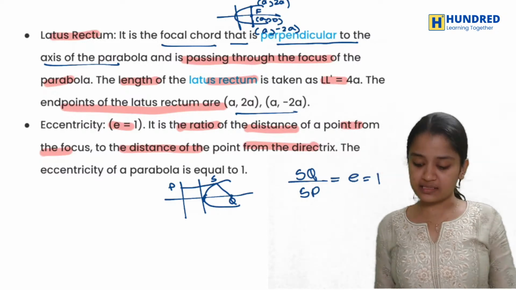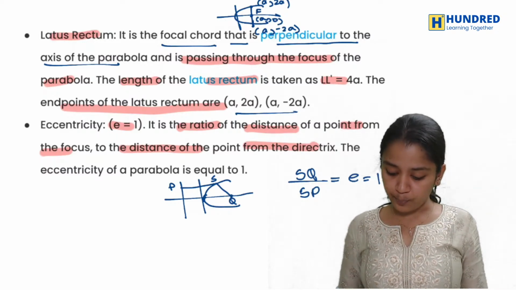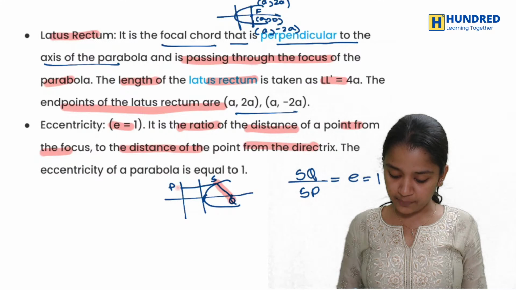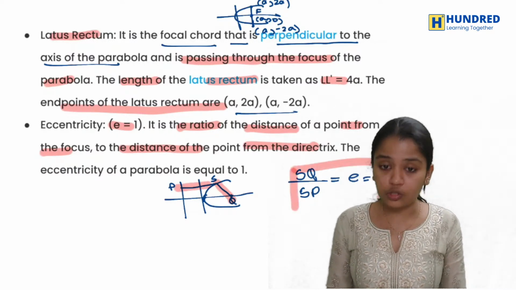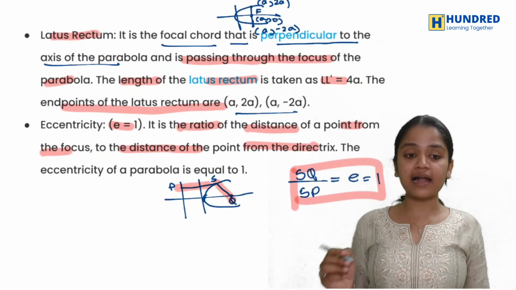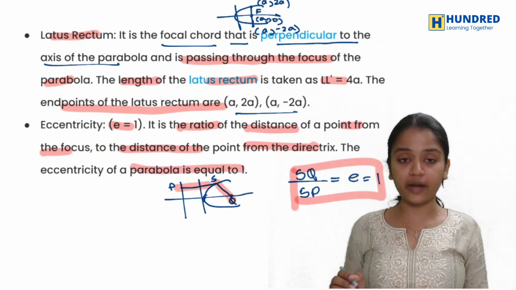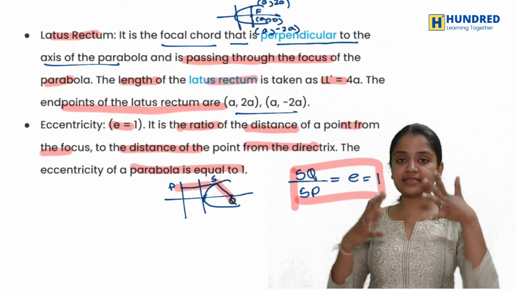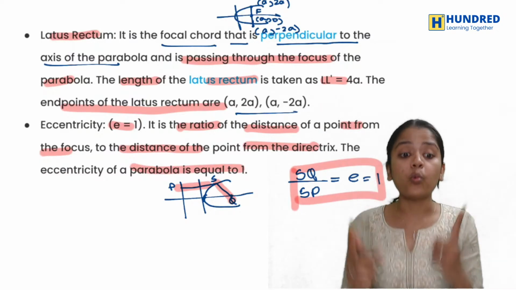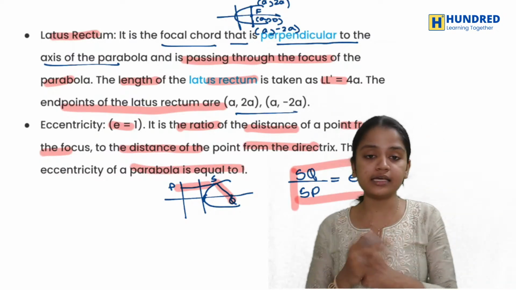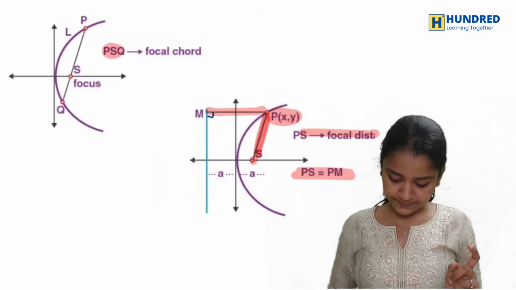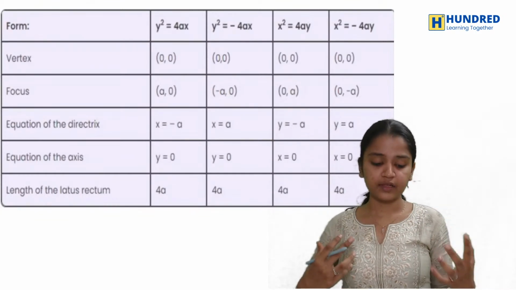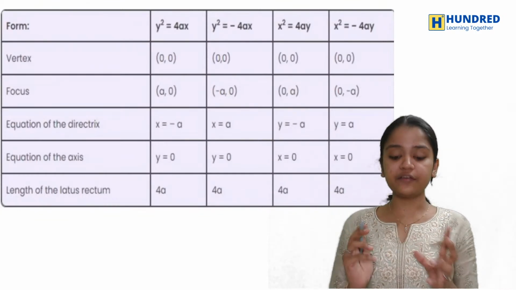This is what they're saying: distance from the point to the focus divided by the distance from the point to the directrix is equal to our eccentricity, and that is equal to 1. So a parabola's eccentricity is always equal to 1. That is really important. You definitely have to know it.